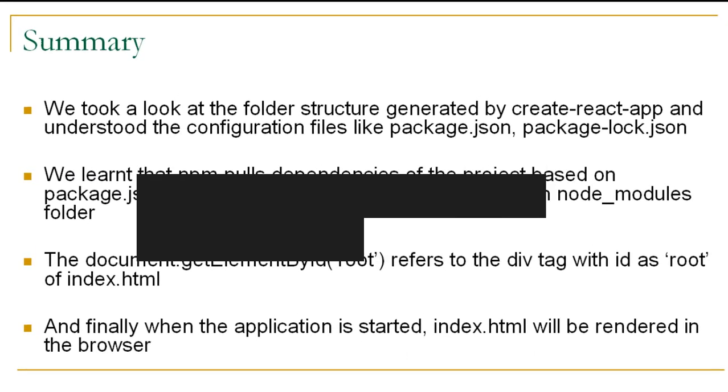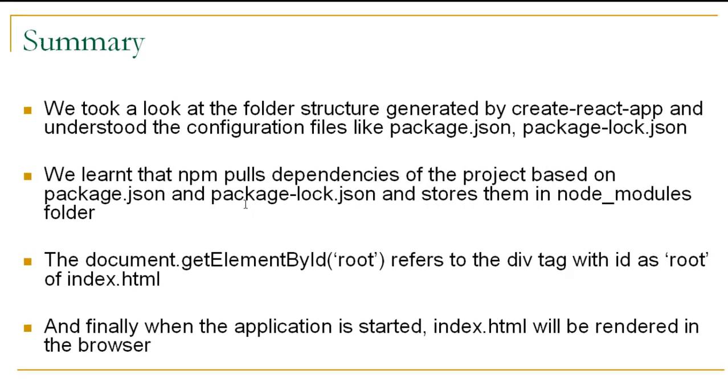Let's summarize what we have learned so far before we proceed. So in this video, we took a look at the folder structure generated by Create React App and understood the configuration files like package.json and package-lock.json.